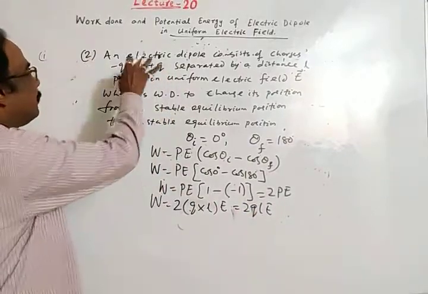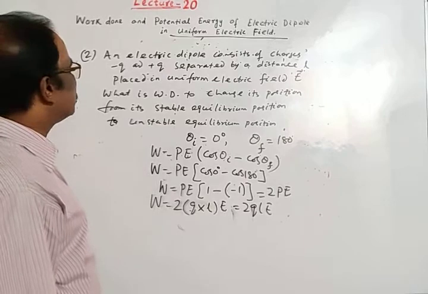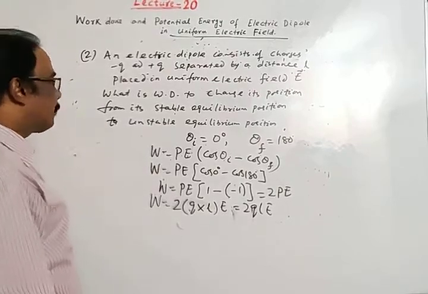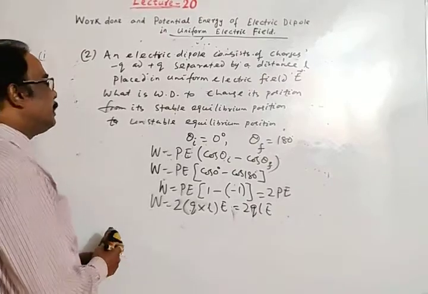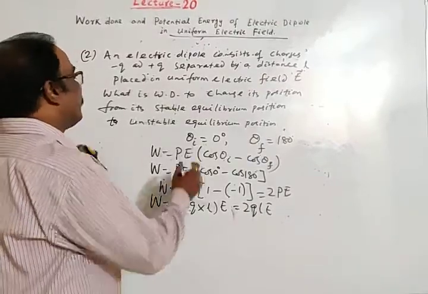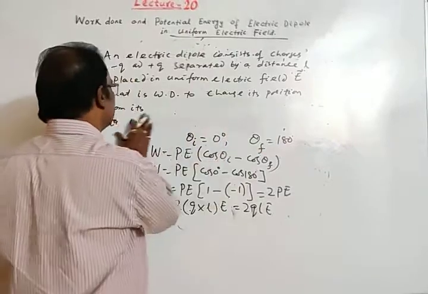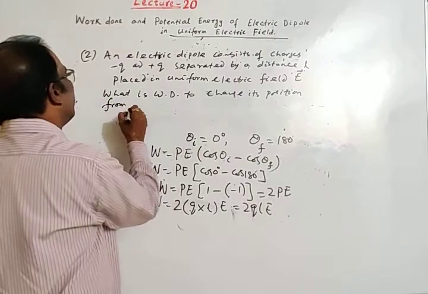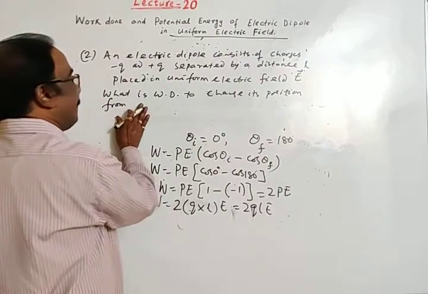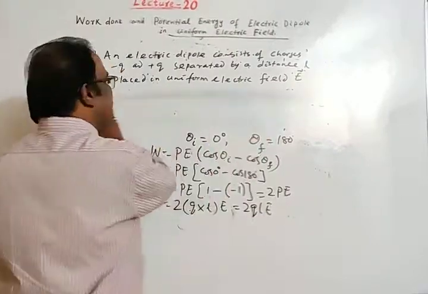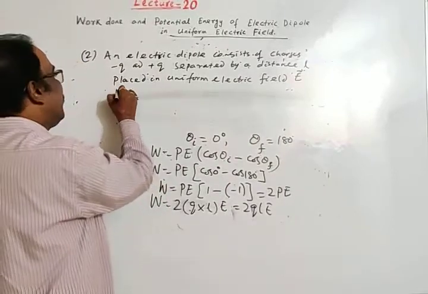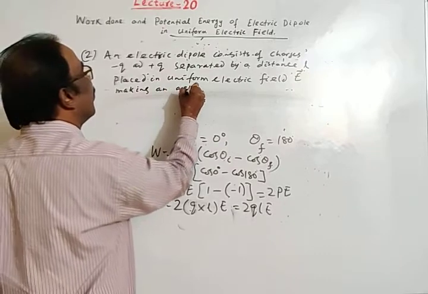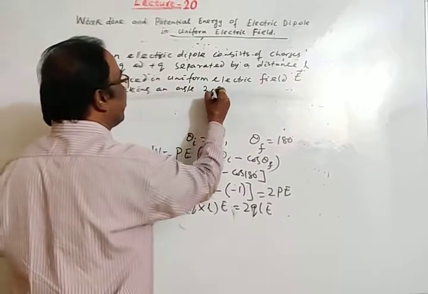Okay, then question number 2. A dipole consists of charges minus Q and plus Q separated by distance L, placed in uniform electric field. What is work done to change its position from... is placed in a uniform electric field making an angle 30 degree.